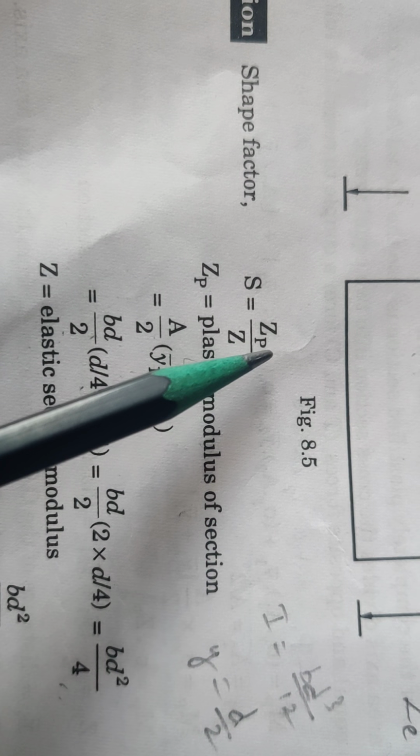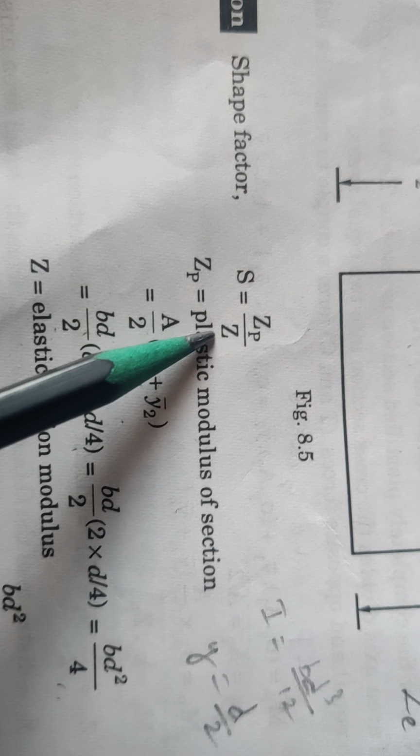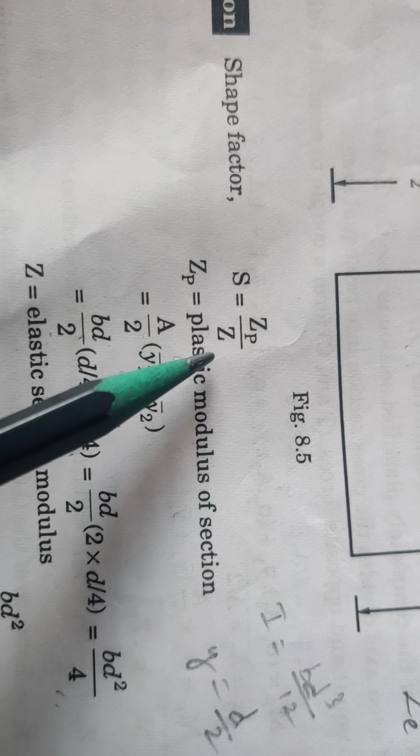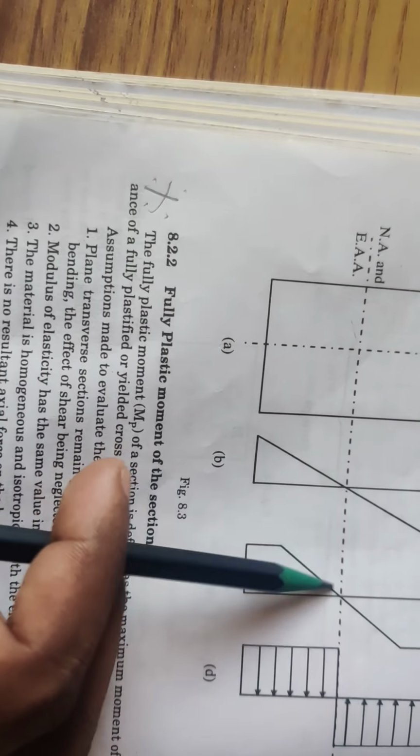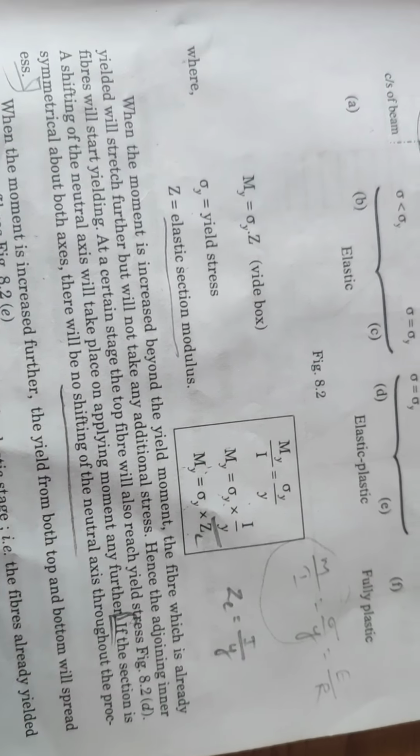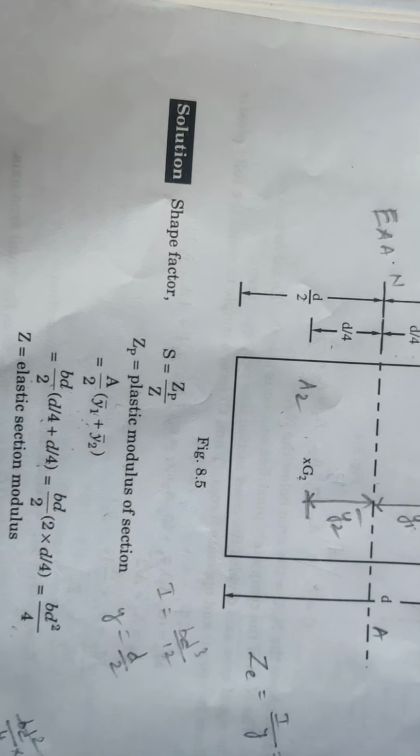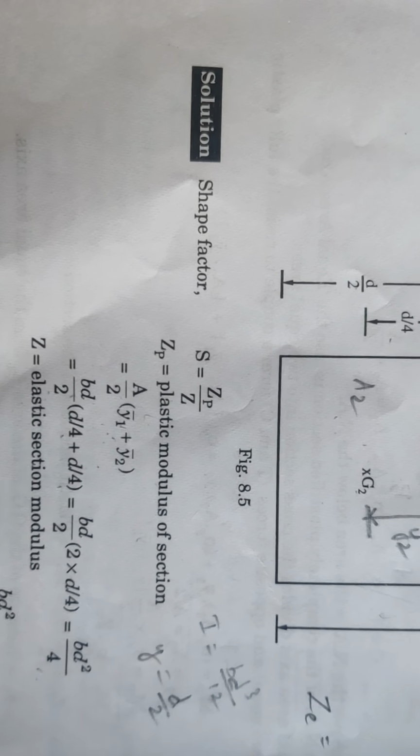First we calculated Zp, and now we are calculating Z or Ze, the elastic section modulus. The elastic section modulus is the ratio of the moment of inertia to the distance of the extreme fibre, half the depth, from the neutral axis. We use the formula Z is equal to I by y.